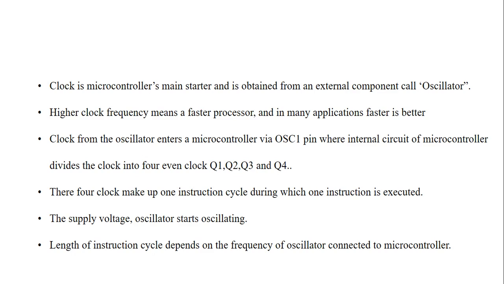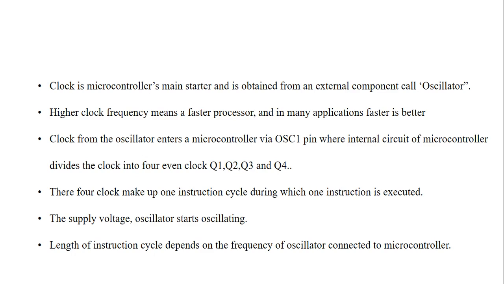The higher the clock frequency, the faster the processor, and in many applications faster is better. In the microcontroller datasheet, they mostly give crystal frequency values and clock frequency values. If you increase the clock frequency, it will decrease the time.